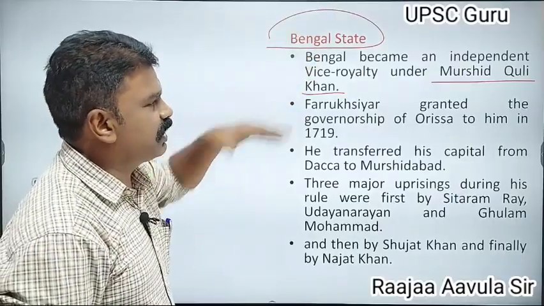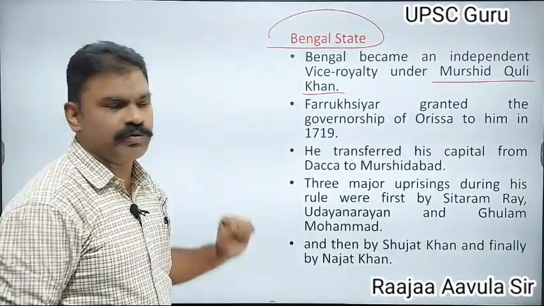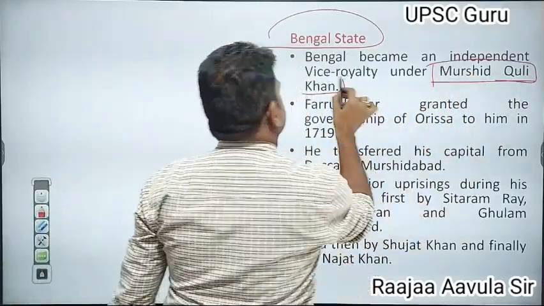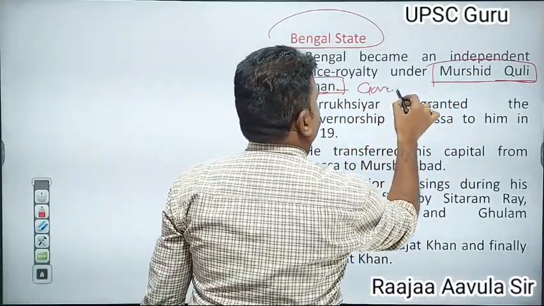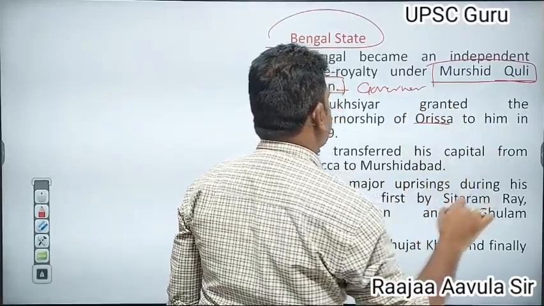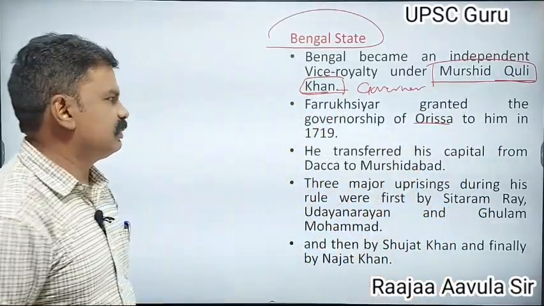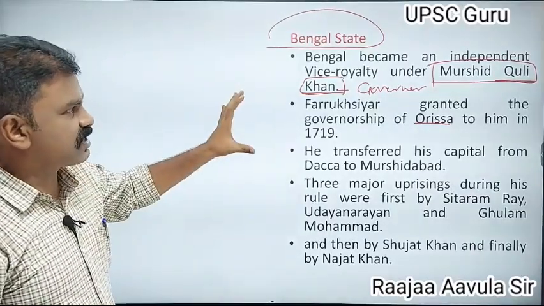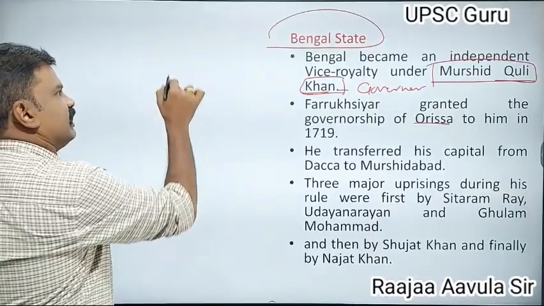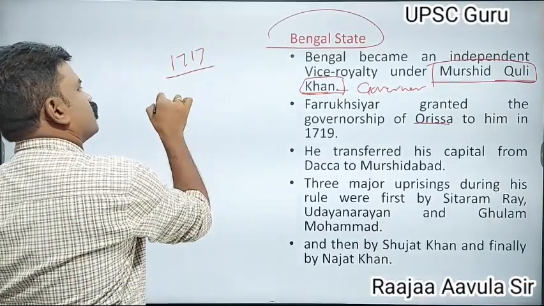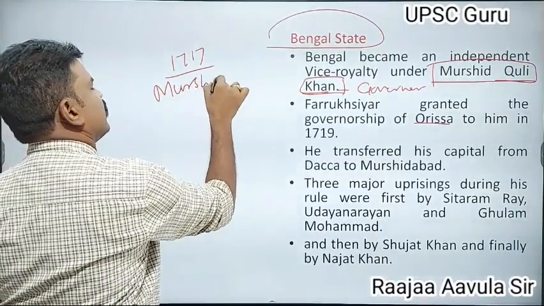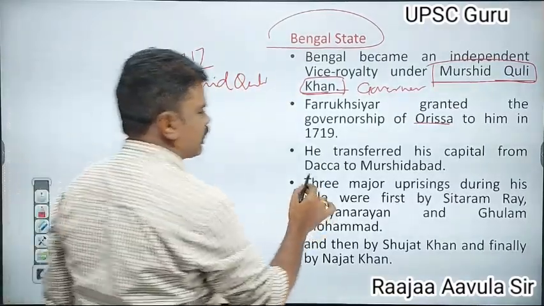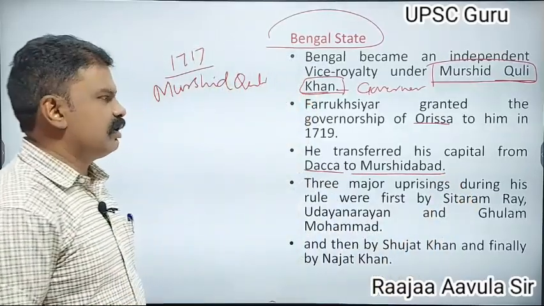Farrukhsiyar, during this period, also granted governorship of Orissa. Murshid Quli Khan was appointed as governor of Bengal, and later he was appointed as governor of Orissa in 1719. By 1717 itself, Murshid Quli Khan declared independence, and he transferred the capital from Dhaka to Murshidabad.